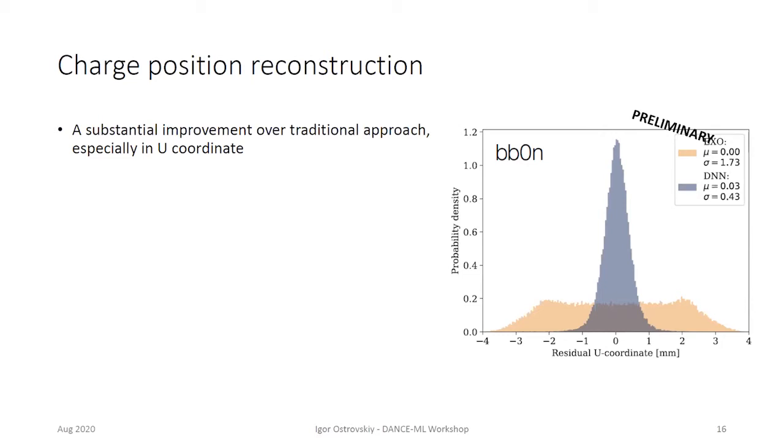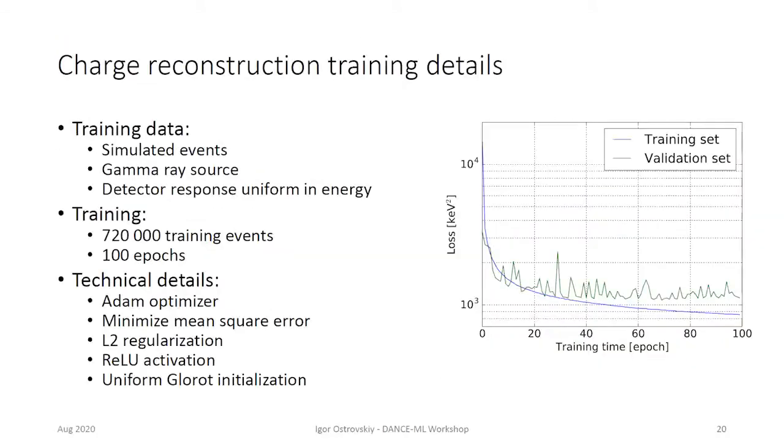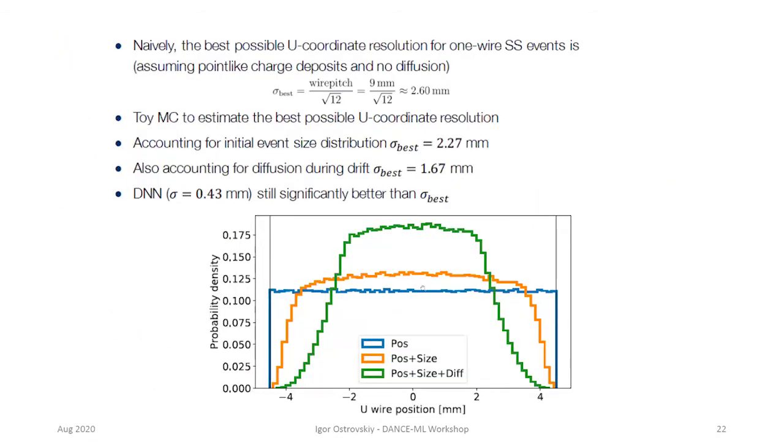We were, of course, very skeptical at first, and we started doing these checks and tried to understand what the ultimate position reconstruction is that you can extract. That's something that was discussed yesterday a little bit at the discussion session as well. One way to ask for that is to do some simple Monte Carlo studies, starting from a simple theoretical limit: if you had a point-like source and wires positioned with a certain pitch, then the box distribution gives you the ultimate precision of 2.6 millimeters.